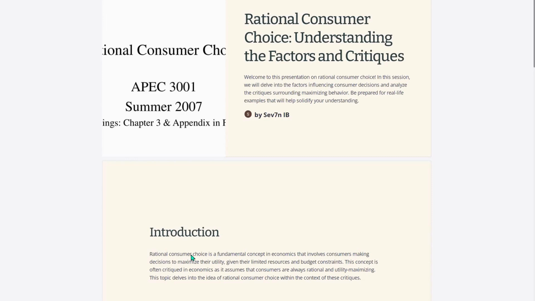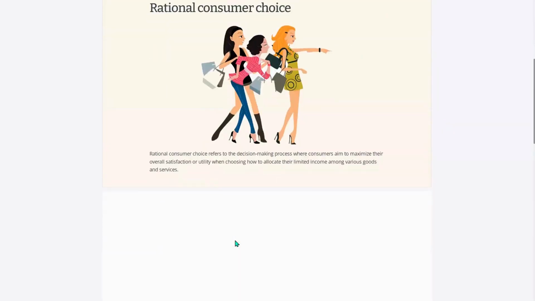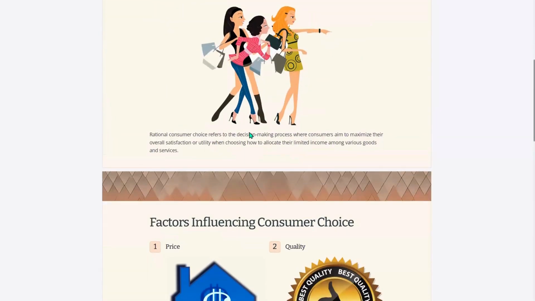The choices depend on the behavior of the consumer and past experiences, right? As a rational consumer, I will choose something that will maximize my overall satisfaction, and I will allocate my limited income to buying those goods and services because I can't buy everything. I will buy based on the money I have right now.